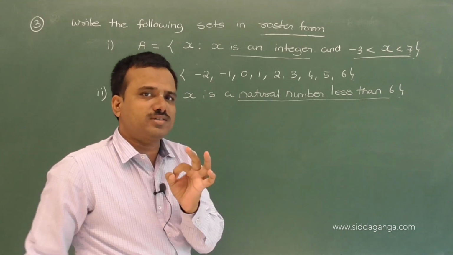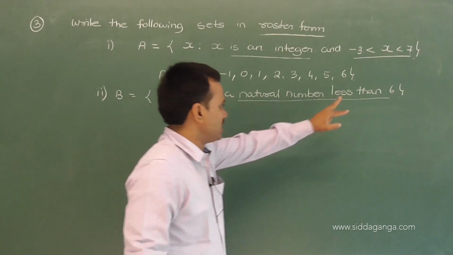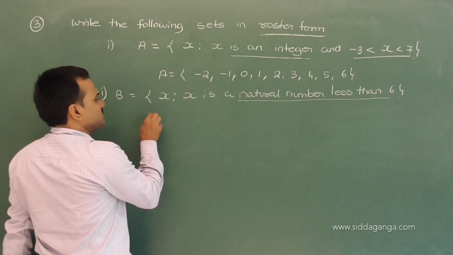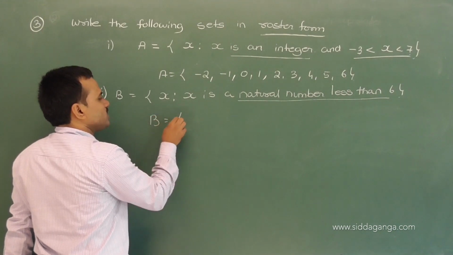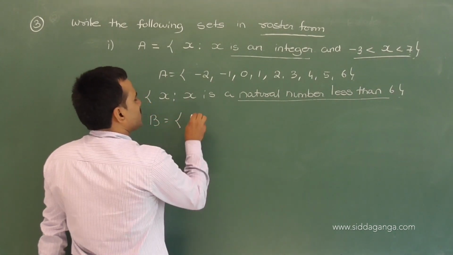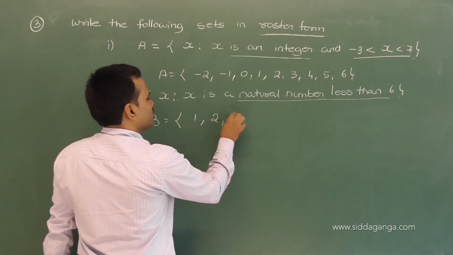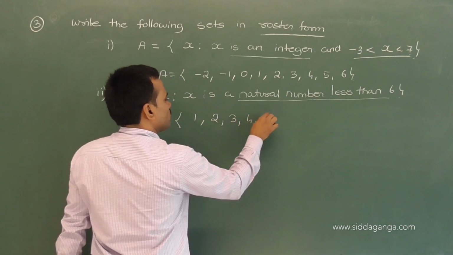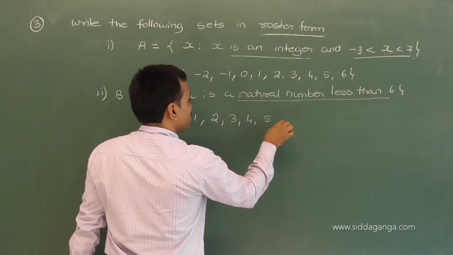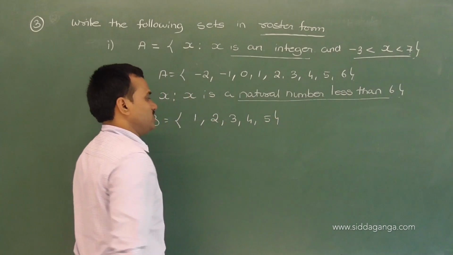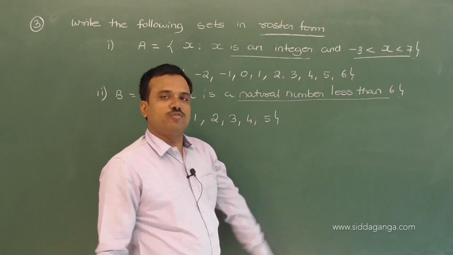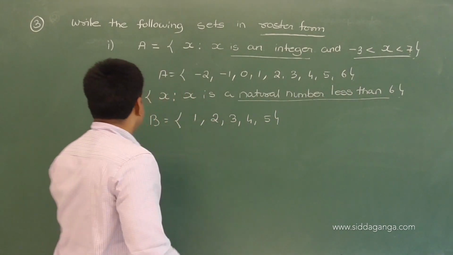We build the natural numbers less than 6. So write the answer, you also write the answer. B is equal to the natural numbers less than 6: 1, 2, 3, 4, 5. 6 we have read? No. Less than 6 he wants. 1, 2, 3, 4, 5. Understand?